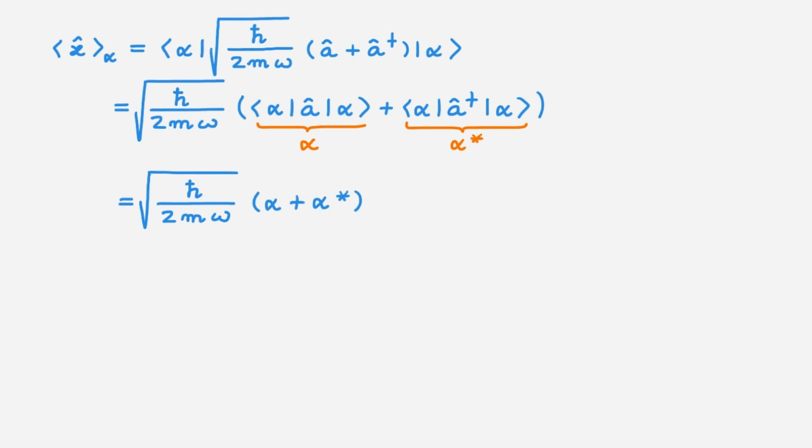Or, using the properties of complex numbers, we can rewrite this as this new prefactor times the real part of alpha.